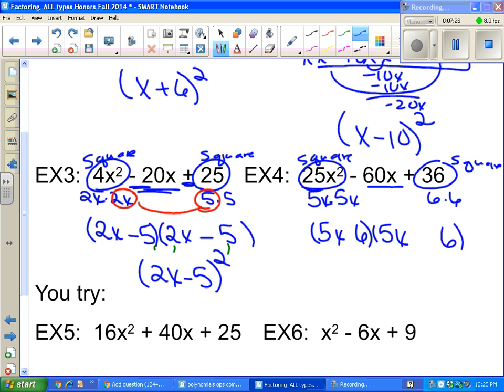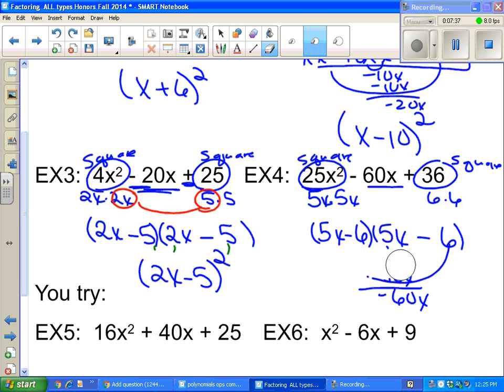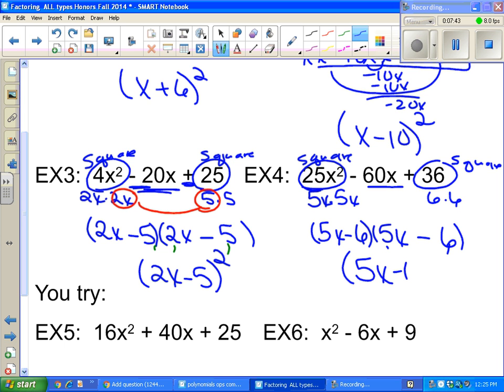And sure enough, both have to be negative, because that would give me negative 30x. That also gives me negative 30x, and sure enough, negative 60x. So the check step is always a great way to mentally find out whether or not you're doing them right. So it's 5x minus 6, since these are two perfectly identical or twin parentheses, 5x minus 6 squared.